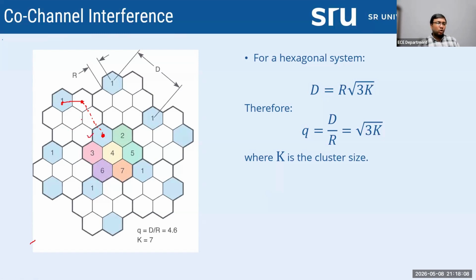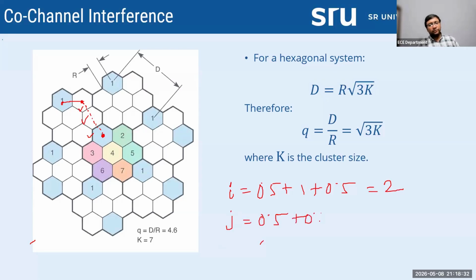Half, 1, half. So the value of I should be half plus 1 plus half, that is 2. And after that, it has turned 60 degrees and covered half plus half. So J is equal to 0.5 plus 0.5, which is 1. Now if I calculate K, that is I square plus IJ plus J square, that is 4 plus 2 plus 1, which is equal to 7.